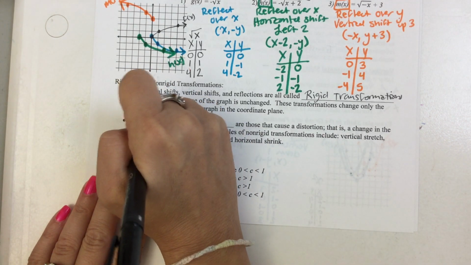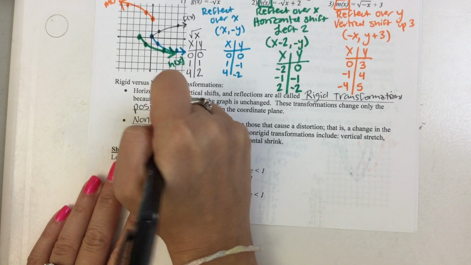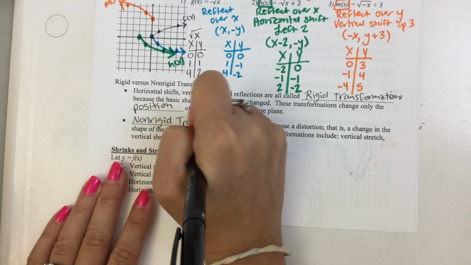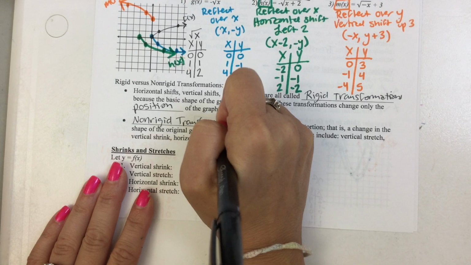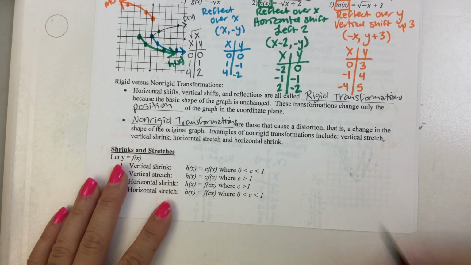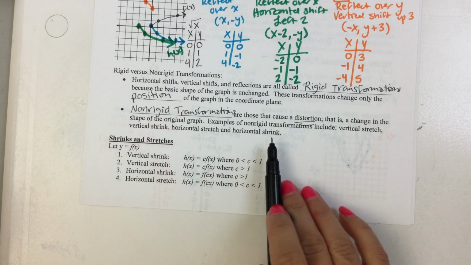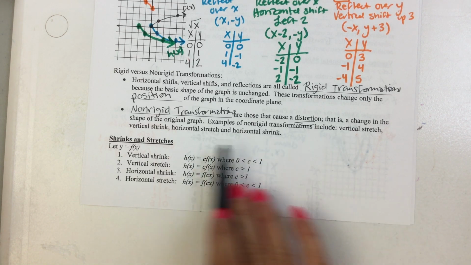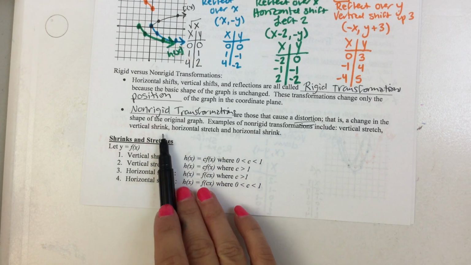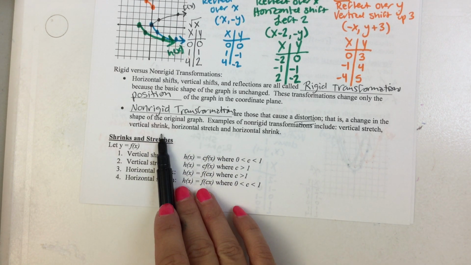However, there are things that are called non-rigid transformations. And when you have non-rigid transformations, they actually can distort the original object. What happens is you take them and you stretch them or shrink them. In Algebra 2, we called them stretches and compressions.